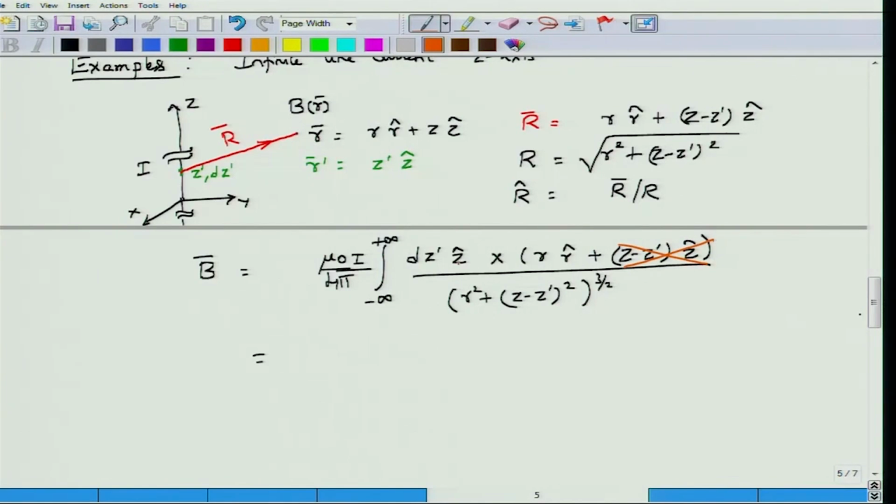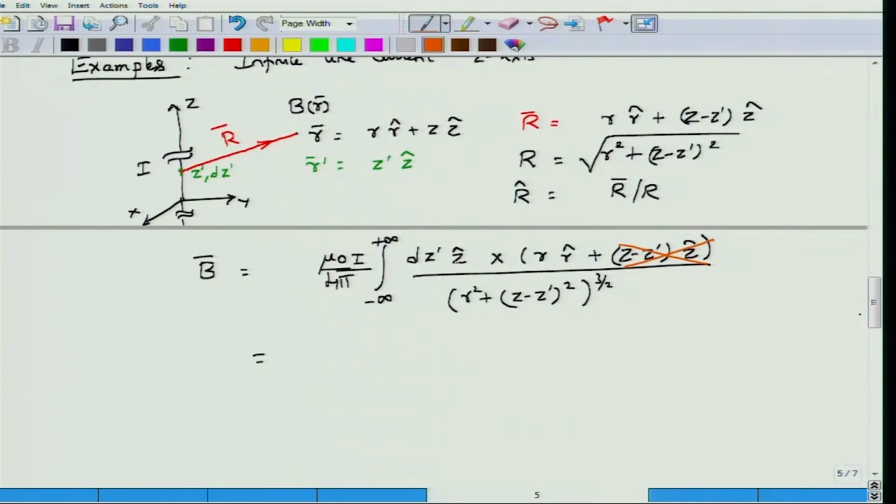So, I am now left with only z cross r. In which direction should it point? This is in cylindrical coordinates, right. You are looking at z, which is vertically upwards, and r, which is this way. So the screw must rotate along the phi direction. You have the z axis, you have the radial distance r; you rotate the screw, it would be moving along the phi direction.